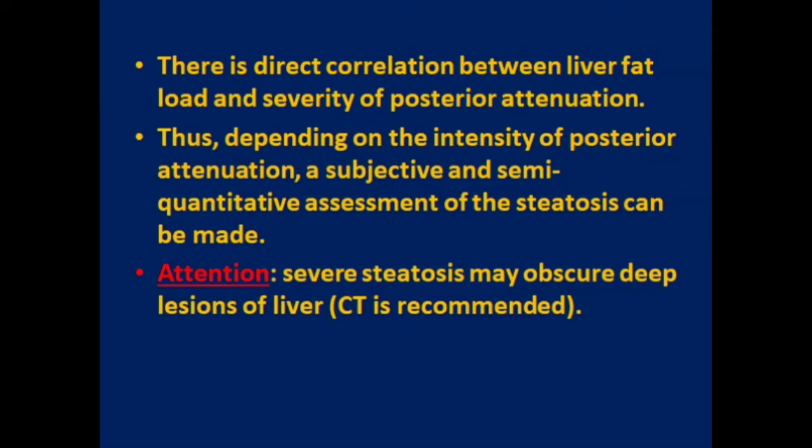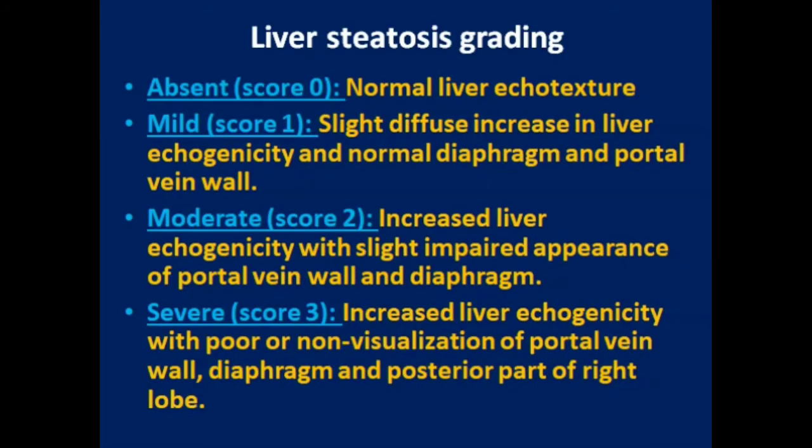Attention is required, as severe steatosis may obscure deep lesions of the liver. Therefore, further modalities such as CT scans are recommended in such cases. Regarding grading, score 0 is for absent fatty changes or liver steatosis.